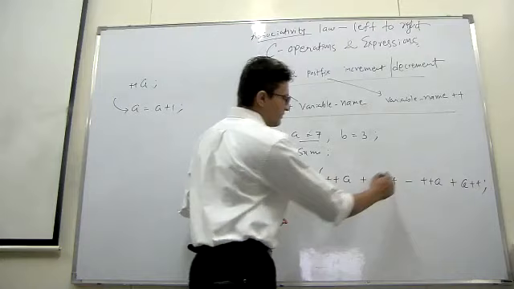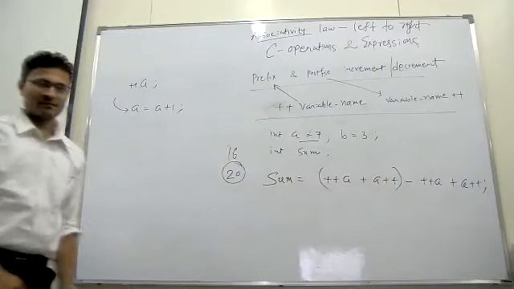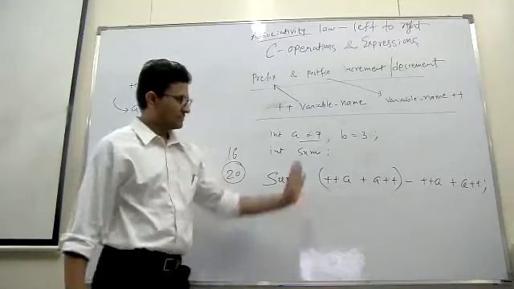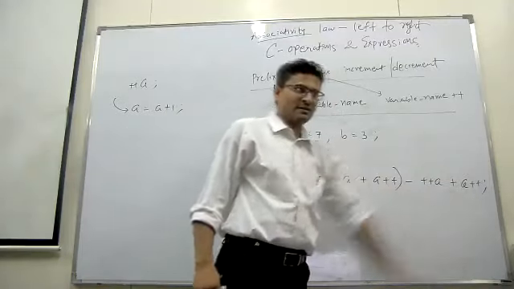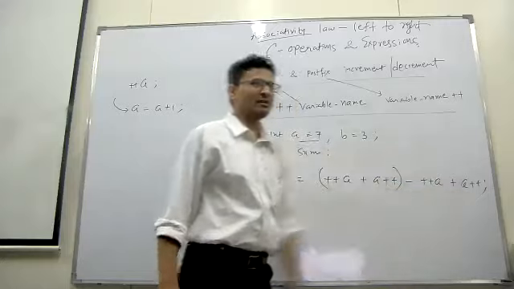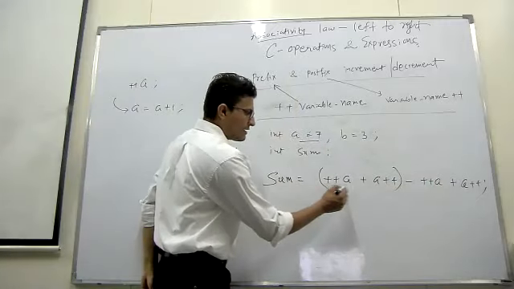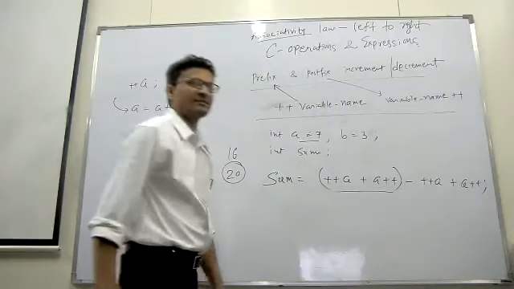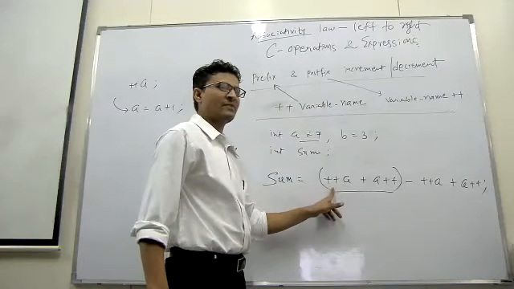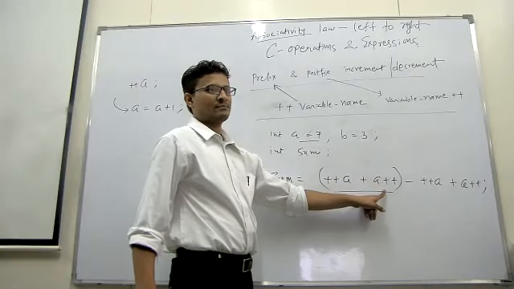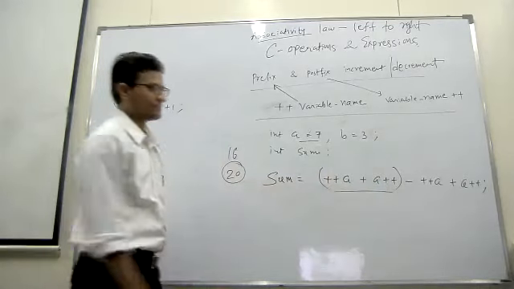Okay. So what happened first of all? Compiler, it is left to right execution. First of all, it will take two operands. Here both the operations are different. One is prefix, second one is postfix. So here what happened?